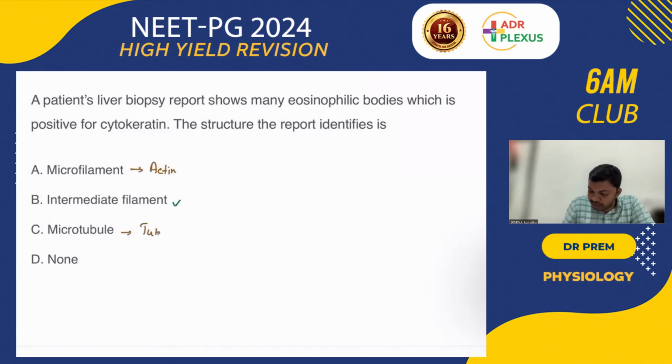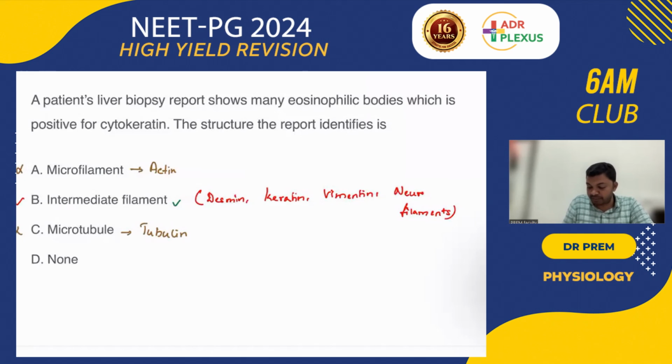So this is neither actin nor tubulin, neither microfilament nor microtubule, and hence it is intermediate filament. Intermediate filaments are desmin, keratin, vimentin, neurofilament. So these are all intermediate filaments, guys. So B is the right answer for this question because it is a cytokeratin. It is an intermediate filament.